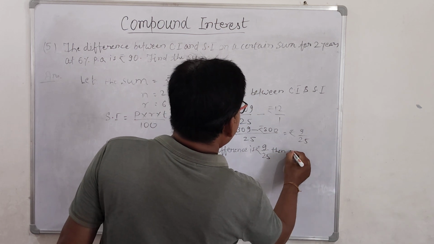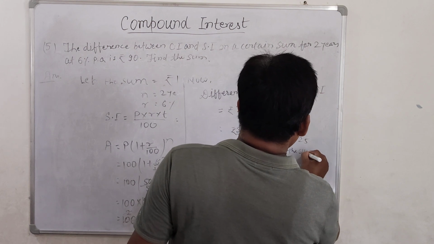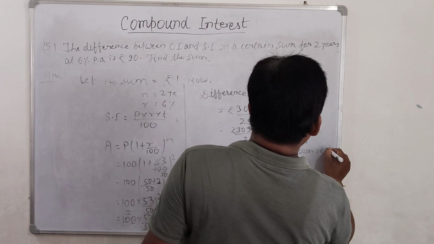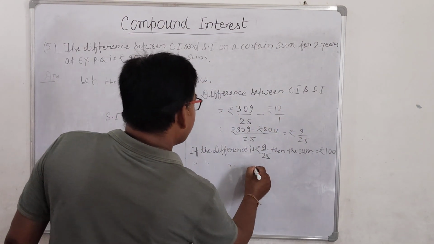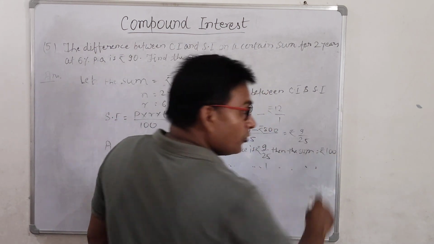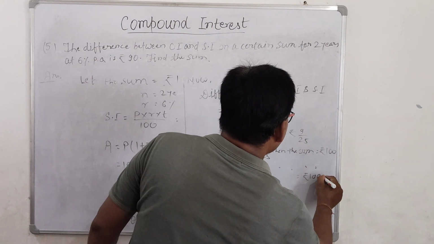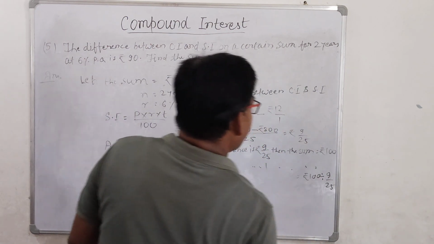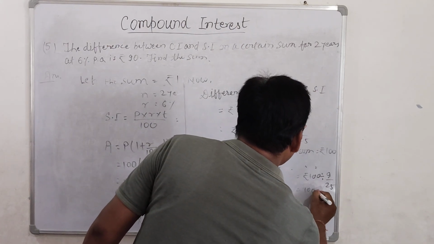If the difference is rupees 9 by 25, then the sum will be 100. We will let rupees 100 as the sum. If the difference is rupees 1, then the sum is equal to rupees 100 divided by 9 by 25, that is 100 into 25 by 9.